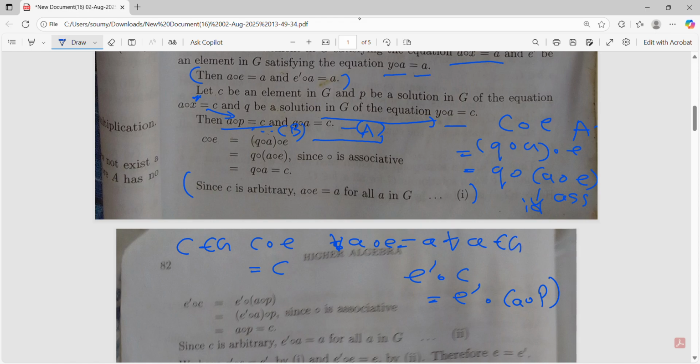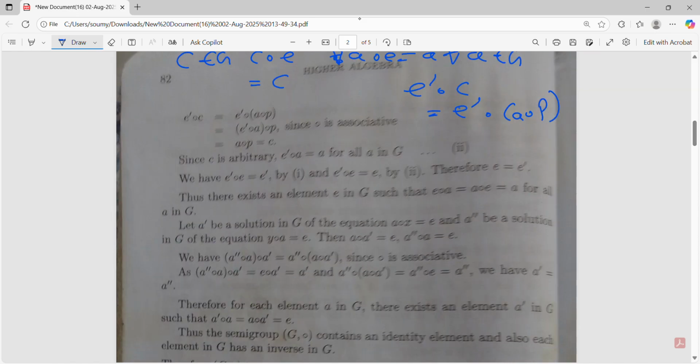Similarly, we take an arbitrary element C and compose it with E dash, and by the same procedure we again get C. So for any arbitrary element C, E dash compose A equals A for all A belonging to G, since C is arbitrary.